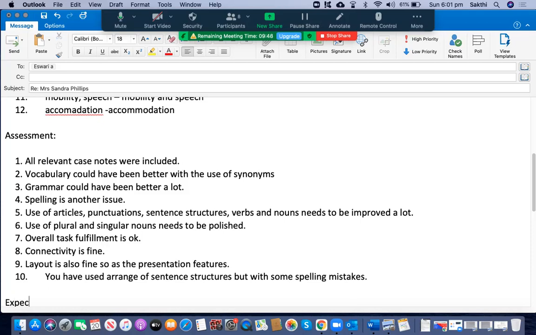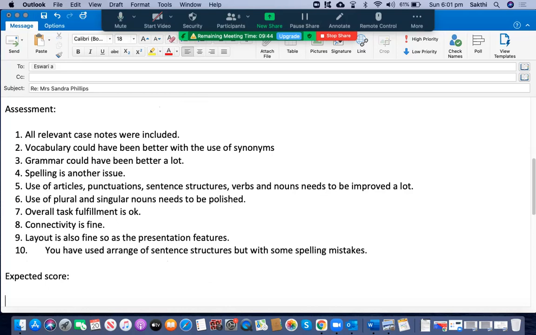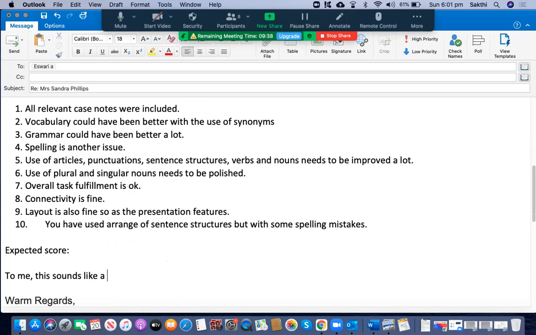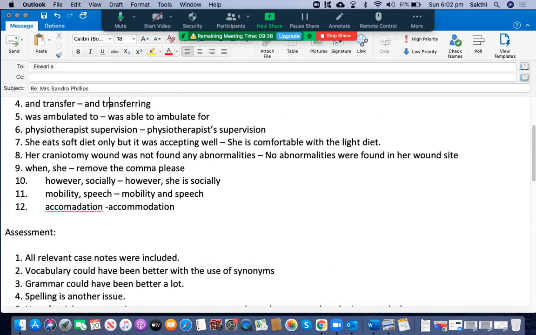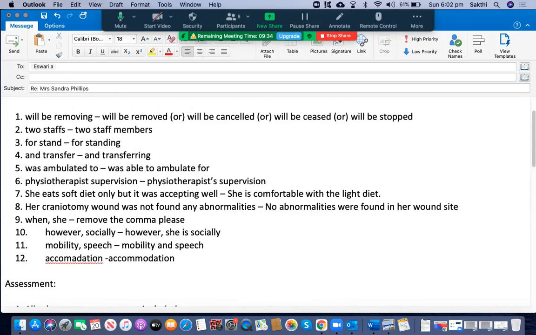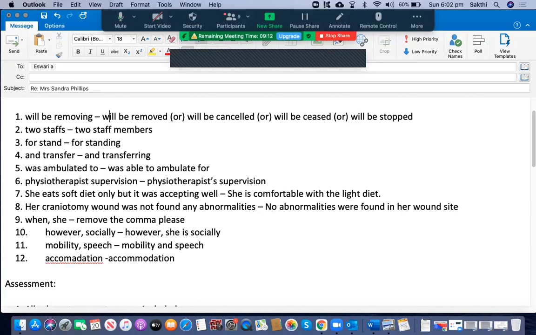All right, let me see the expected score now. Let me go through the severity of the mistakes and their frequency. Number 1 is a major mistake. Number 2 is also. Number 3, 4, 5, 6, 7, 8, 9, 10.